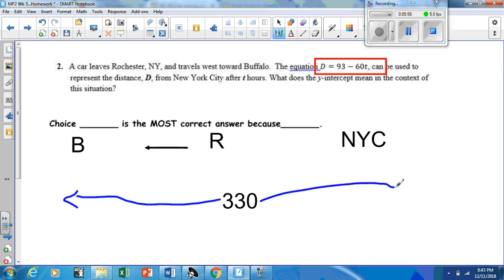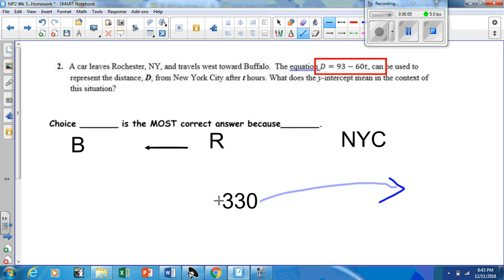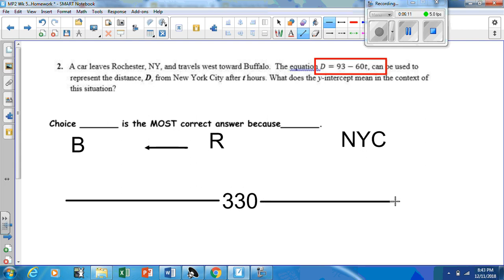We know that Rochester and Buffalo are about an hour from each other. So if this is 0, this is 0. That's 0, and that's 330.